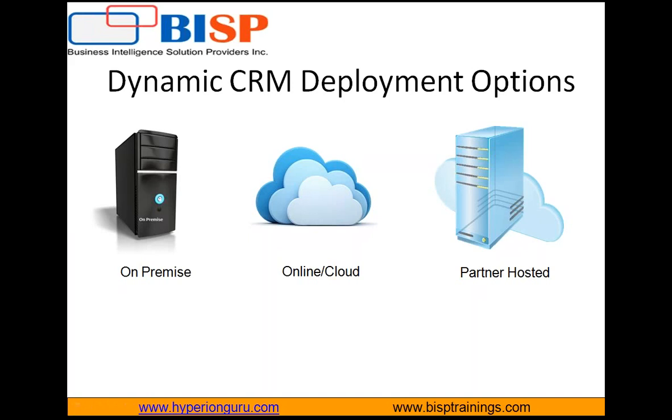But we have a third one also, partner hosted. Partner hosted is a combination of on premises and cloud. What is the meaning of this? It means that someone else is hosting the application for us. Although we are accessing the application through cloud, the data is not maintained by the CRM.